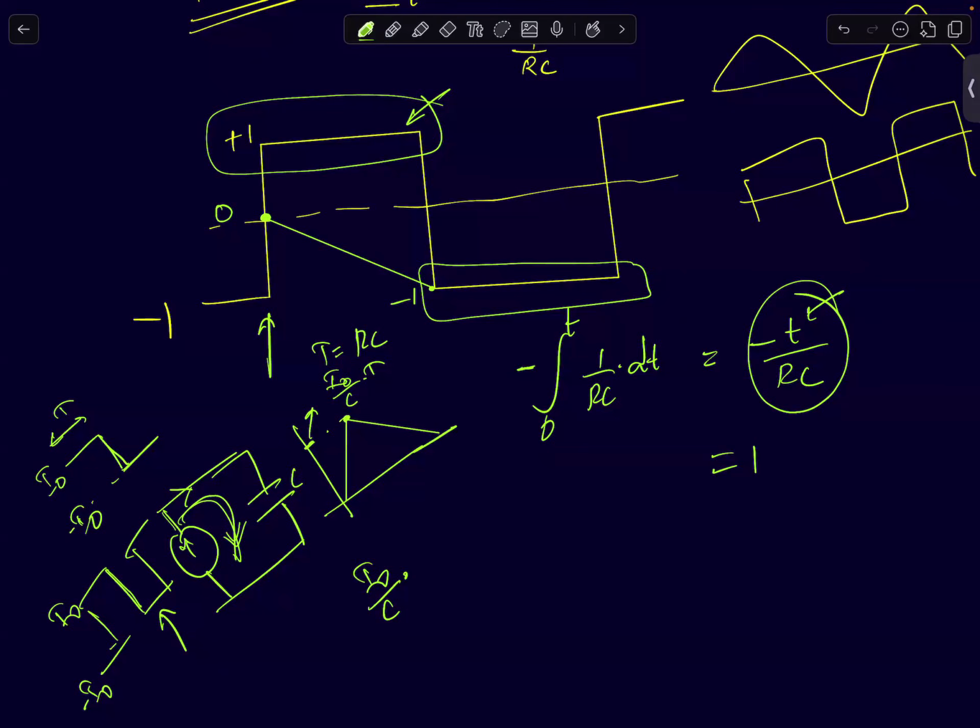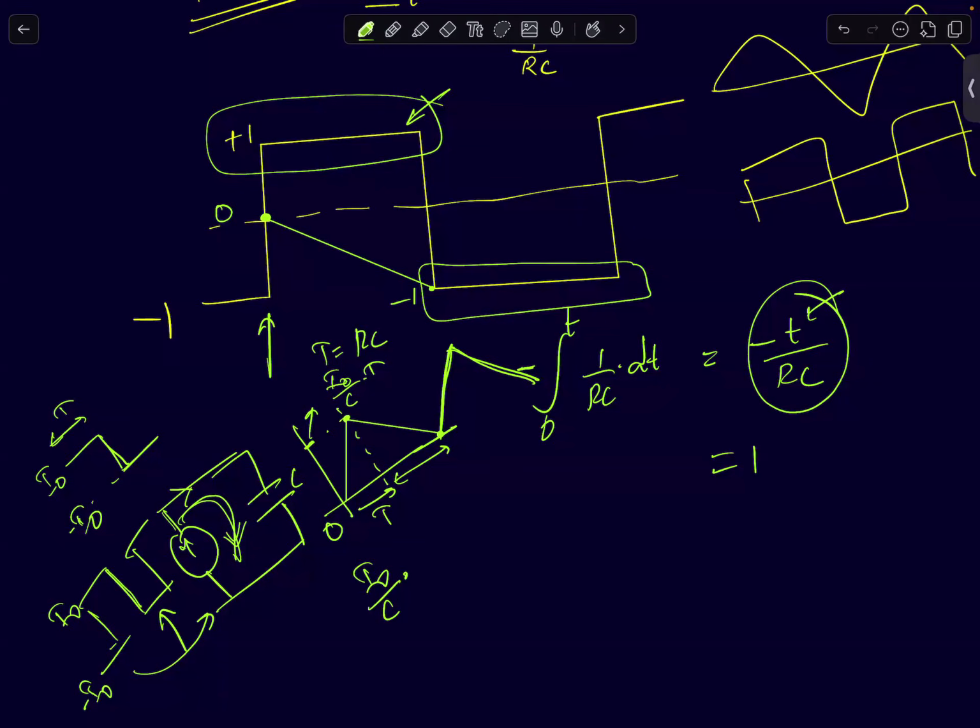You took t seconds to build a certain amount of charge, and if I pull out the same current for t seconds, you will remove all the charge that you supplied. So you will come back to 0, and it will continue like this. So it will be a ramp waveform, a sawtooth waveform that looks like this, if I just apply a pulsed current to a capacitor.